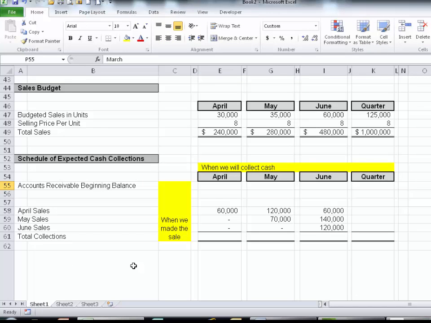There are a couple of different ways that you can do this. You can do this as a hard input, and I'm going to make a column for February sales and March sales.